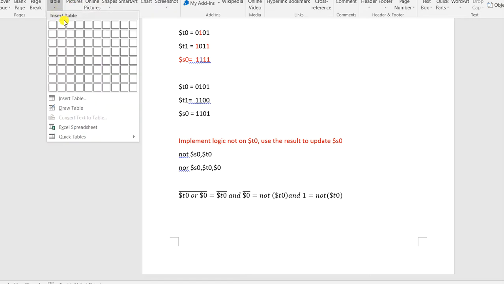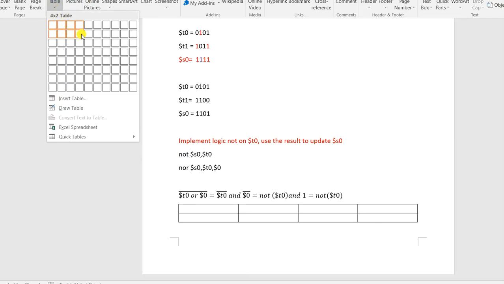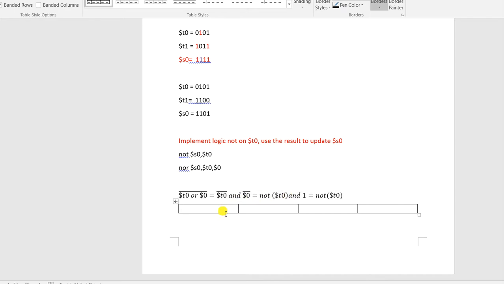So basically, let me do here. The first 6 bits will be the operation code, right? And the RS, RT, and the immediate field.